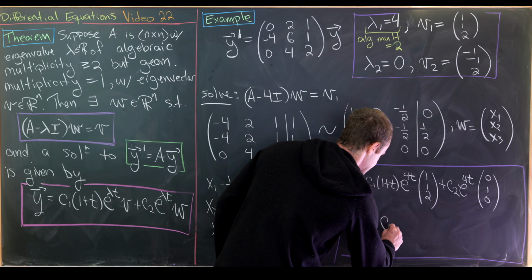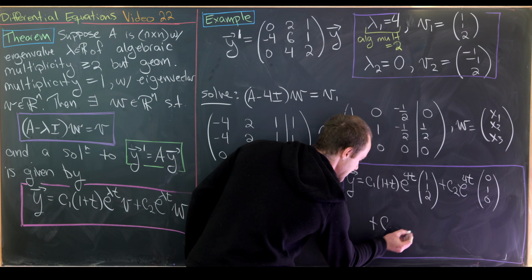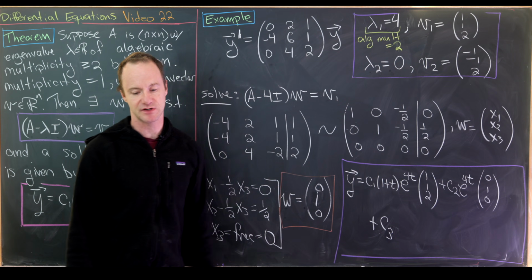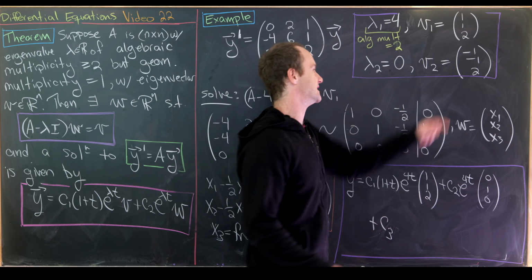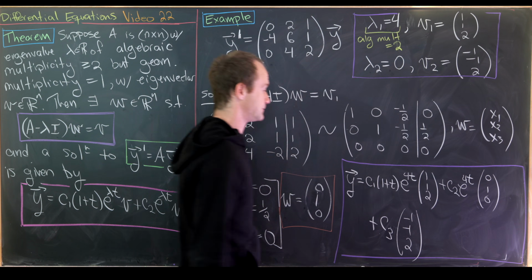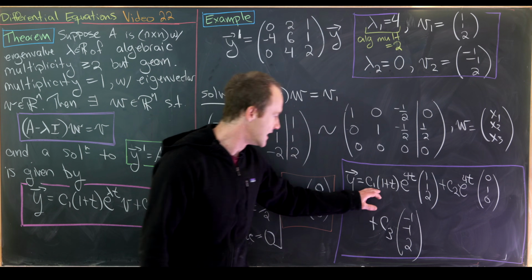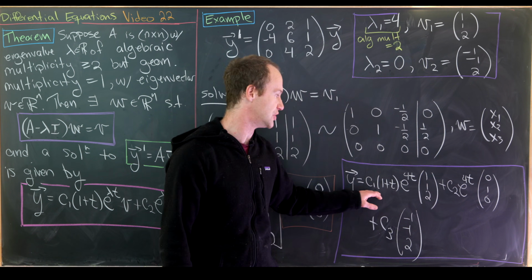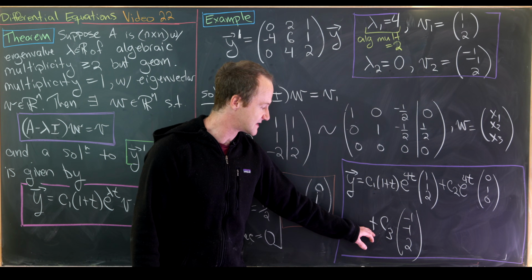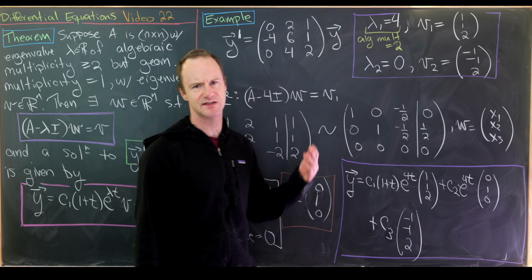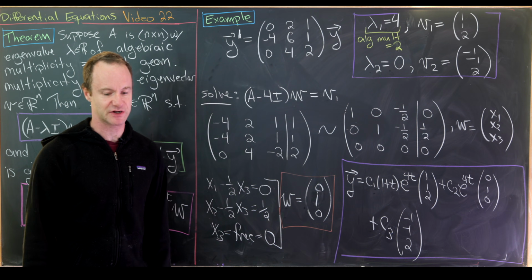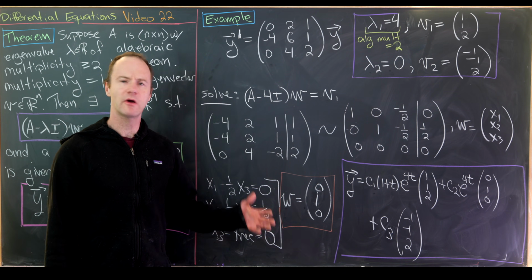And then we'll have plus c3 times e to the 0t, but e to the 0t is simply 1, times this eigenvector. So that'll be negative 1, negative 1, 0. So notice that we got these first two portions of our solution by our theorem over here. We got this third portion of our solution by stuff that we did last time. That was when the algebraic multiplicity and the geometric multiplicity matched. Okay, so this is good.